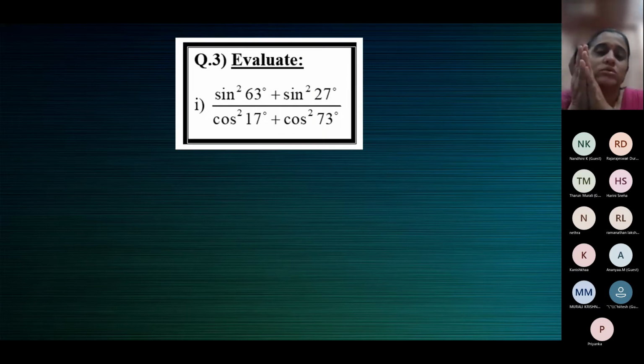I gave you the clue. Use complementary ratios. First plan. What is sine theta? When I ask you what is sine, that's what I want, the most relevant answer. We are talking about complementary ratios.